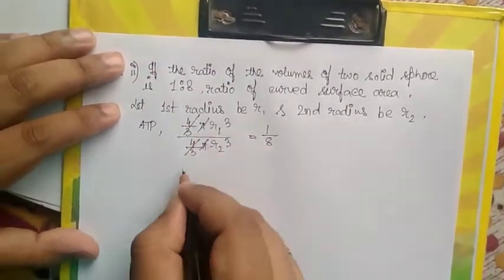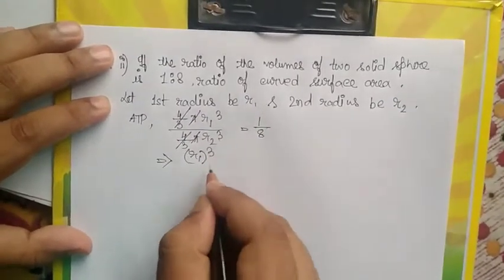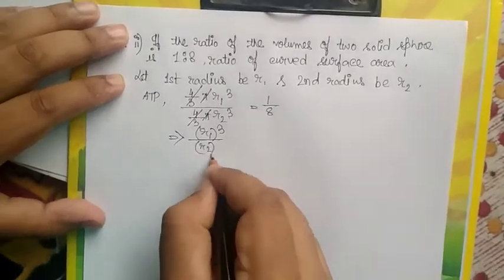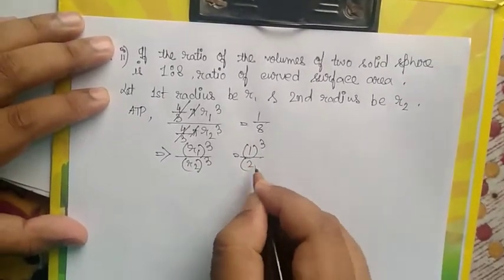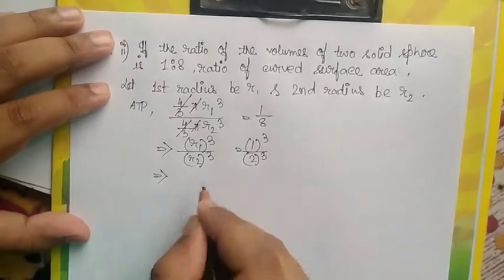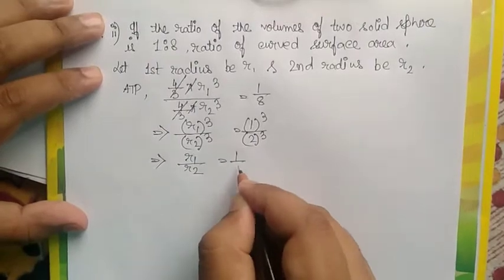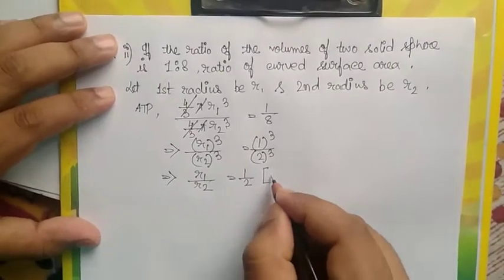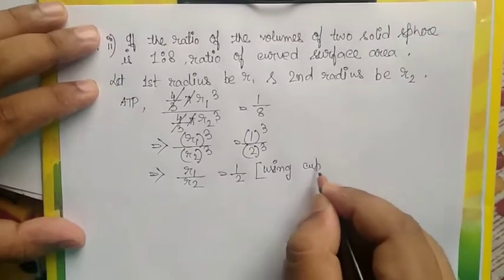Eliminate those. Therefore we get r1 whole cube by r2 whole cube equal to 1 whole cube by 2 whole cube. So r1 by r2 equal to 1 by 2, using cube root.